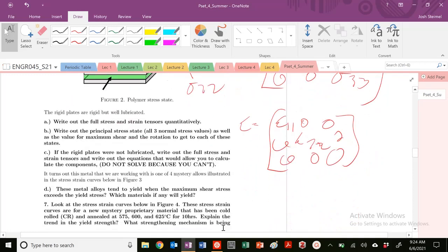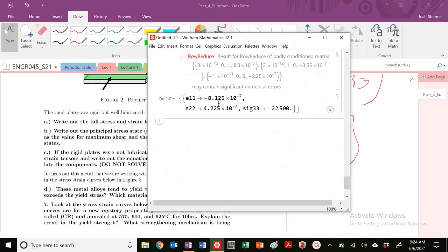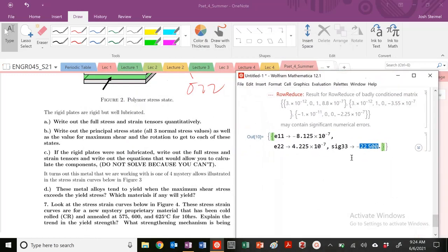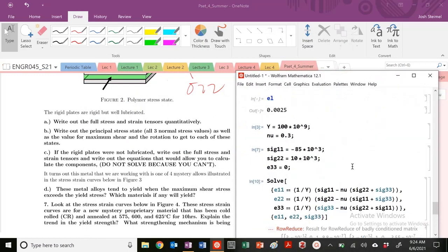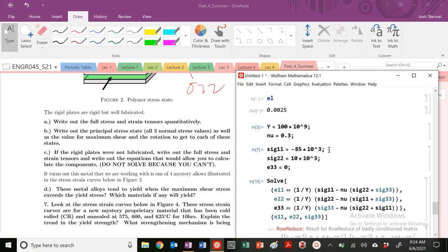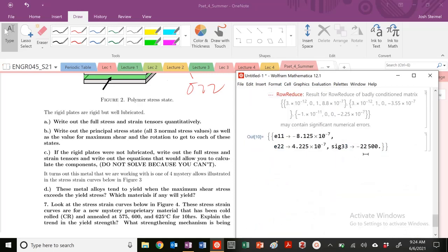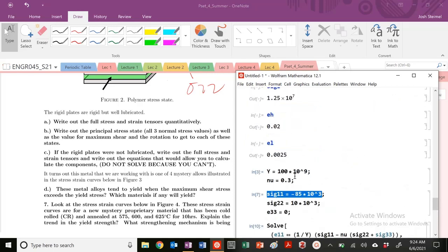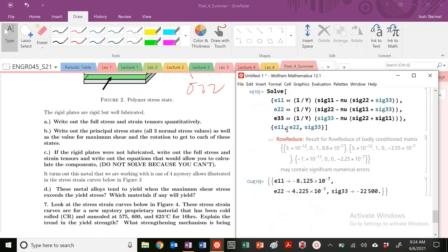We're already in the principal stress state. We have those 3 values: my sigma 1 would be sigma 2-2, my sigma 2 would be sigma 3-3, and my sigma 3 would be sigma 1-1. So our 3 normal values are our principal stresses.